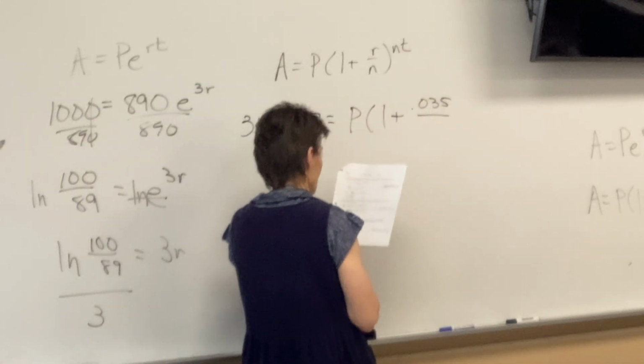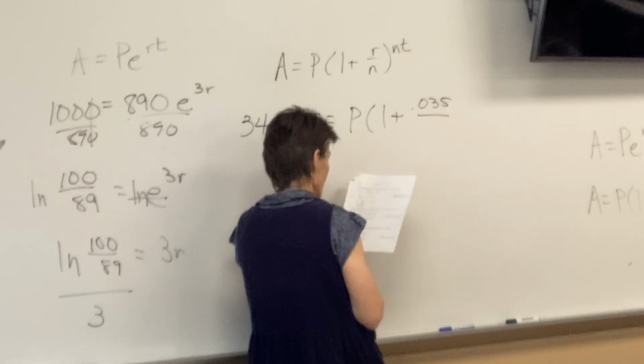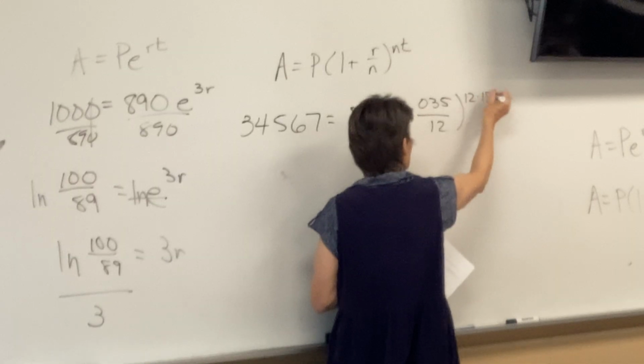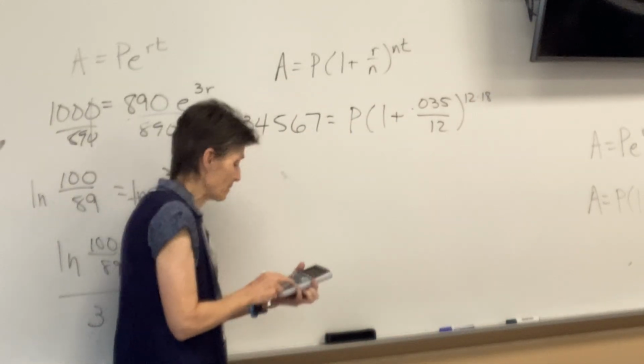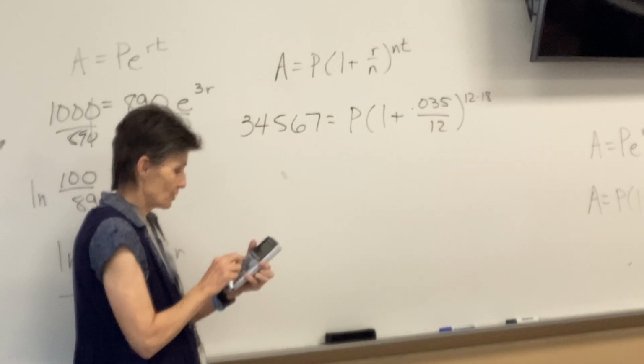What is N? 12, compounded monthly. And T is 18. So let's clean up that exponent first of all: 216.